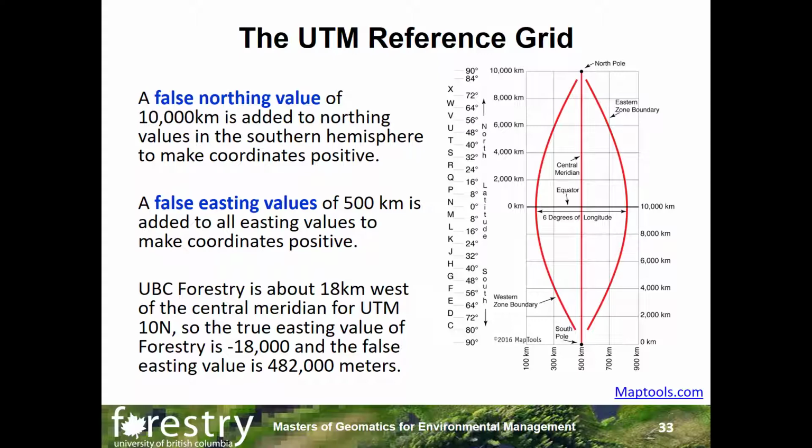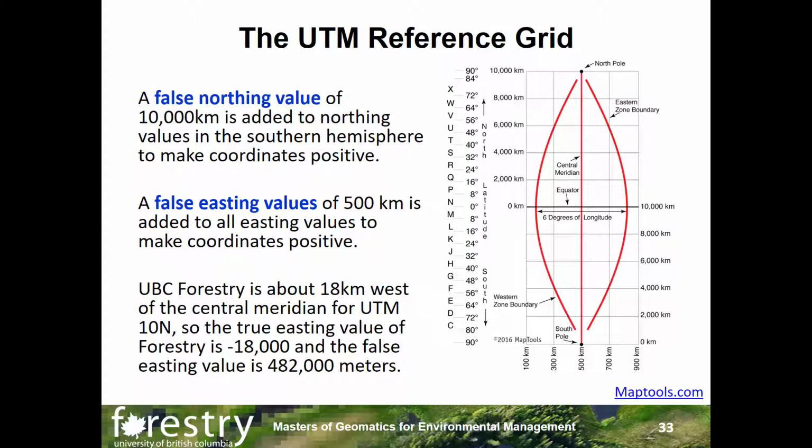Now let's take a practical example of the Forest Sciences Center building here at UBC, which is about 18 kilometers west of the central meridian for our UTM Zone 10 North. The true easting value of the forestry building is negative 18,000 meters, right? We're 18,000 meters to the west of the central meridian. But if we add 500,000 meters to our negative 18,000 meters, then we end up with our false easting value of positive 482,000 meters.